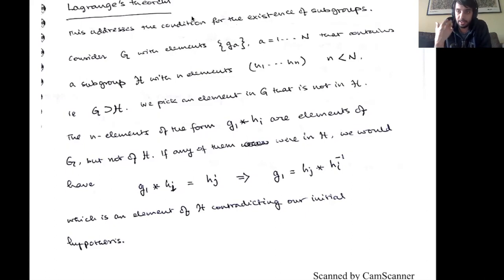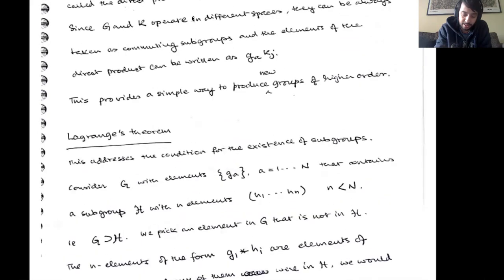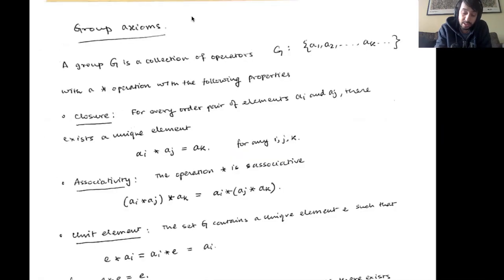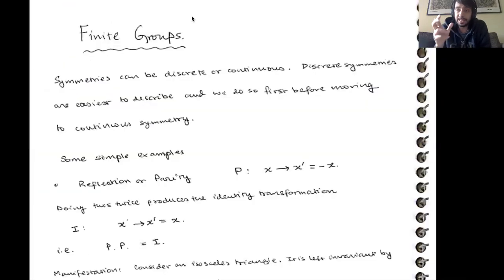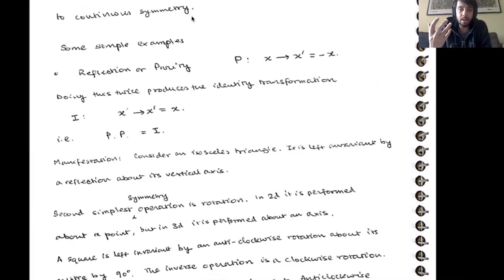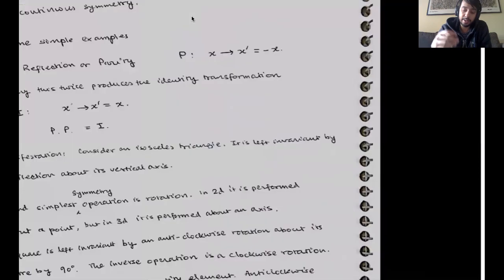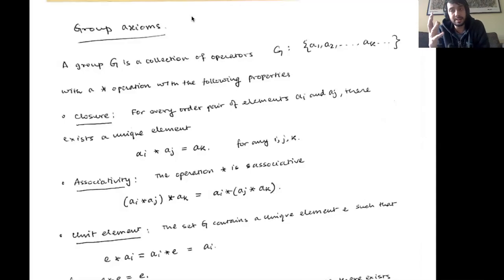But the idea for this lecture, in a sense, was that we start off with finite groups, where you are looking at a group with a finite number of elements. We first said there are certain group axioms which have to be followed.